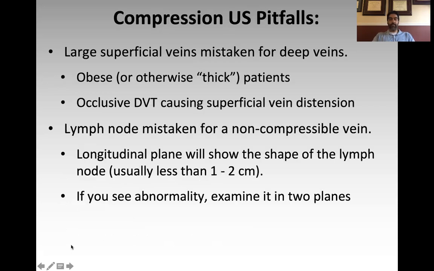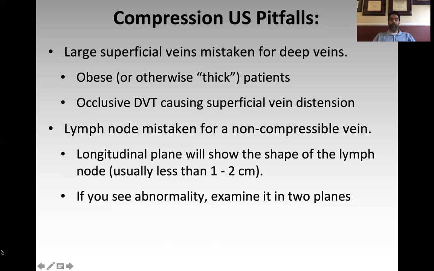Okay, some pitfalls of DVT ultrasound that are relatively common. Sometimes if you have an obstructive DVT, that can cause engorgement of these superficial veins. So if you're not looking for the expected anatomic findings, you may see a superficial vein that's engorged, mistake it for a deep vein, and compress it, missing the large occlusive DVT that's in the deep venous system.